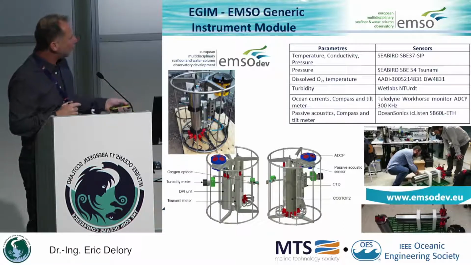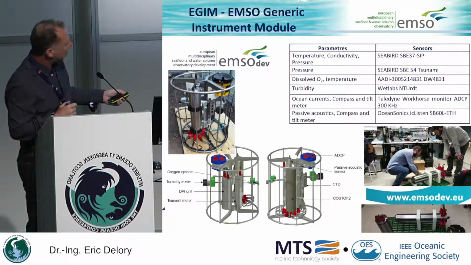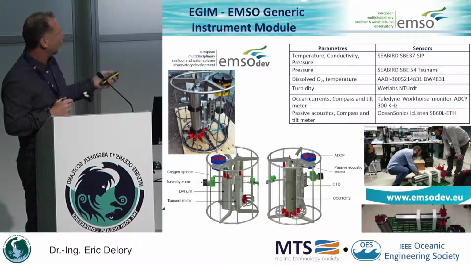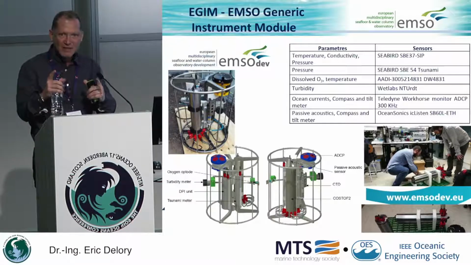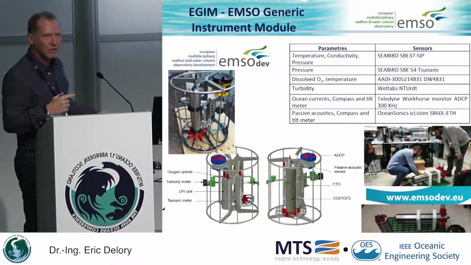So there's this frame with different sensors: temperature, conductivity, pressure, different types of pressure sensor, of course static, but also differential, dissolved oxygen, turbidity, ocean currents, compass and tiltmeter, passive acoustics, and from these we start with a basic set. And from that basic set, then you can, of course, increase and add sensors if you want.